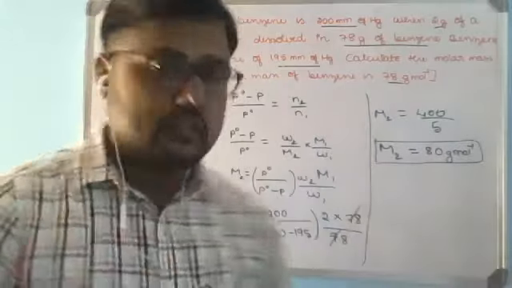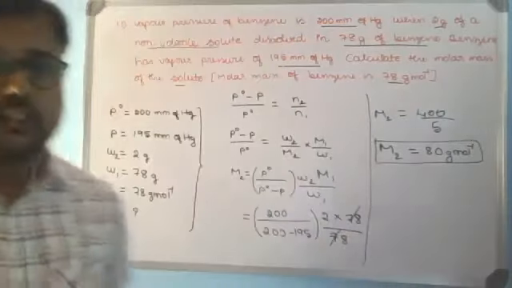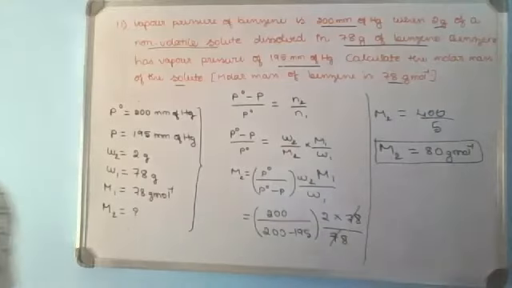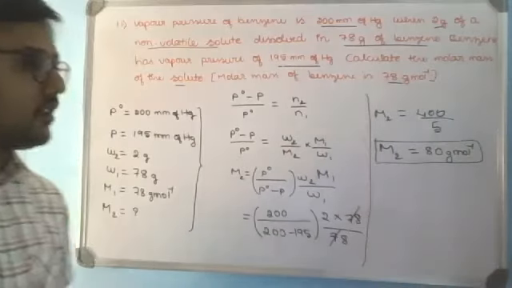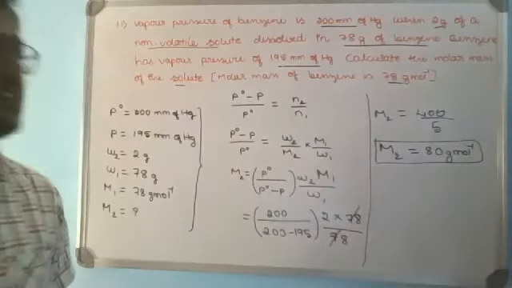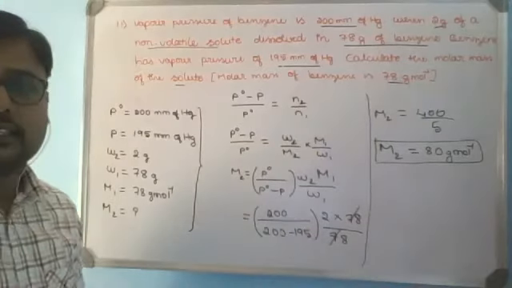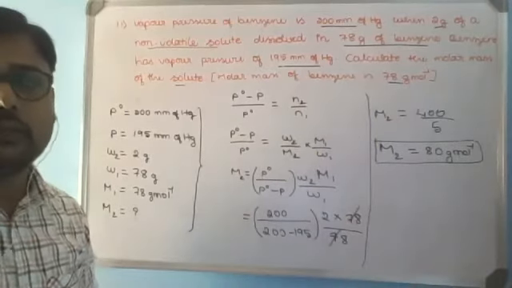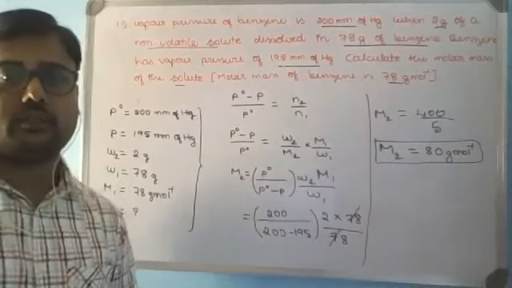As these are simple values, a calculator is not required, so directly you can get the answer. And the molar mass of the given non-volatile solute was found to be 80 gram per mole in the given solution.